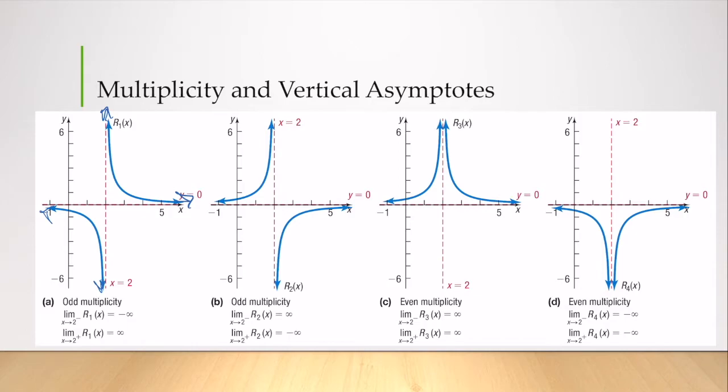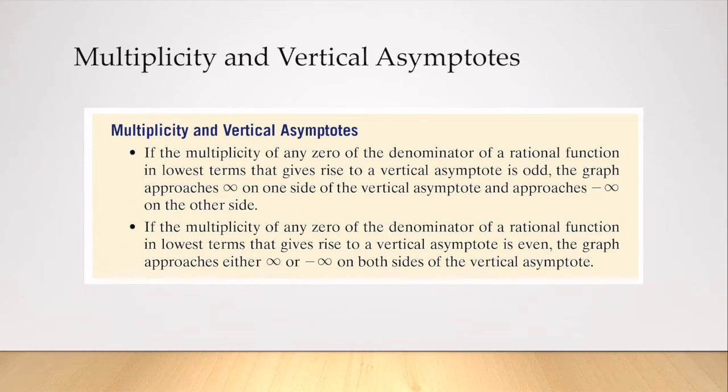If I have an even multiplicity, for example, if I had 1 over x squared, x equals 0 had a multiplicity of 2, my end behavior goes in the same direction along my vertical asymptote at that point. There's a nice little paragraph summarizing what I just said.